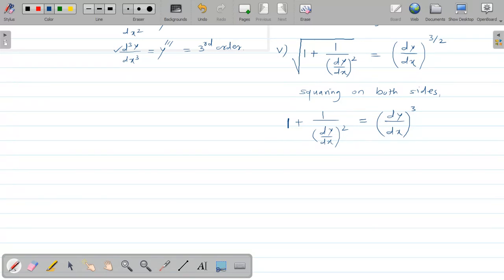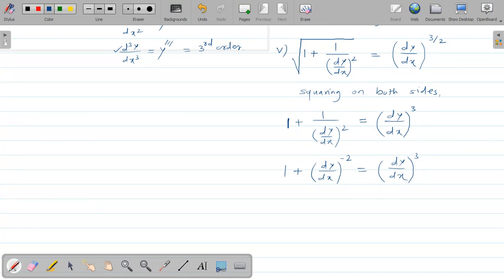But before that, here it is 1 upon dy by dx raised to 2. Actually it is 1 plus dy by dx raised to minus 2, right? Because 1 upon dy by dx square means dy by dx raised to minus 2, and it is equal to dy by dx bracket cube. Okay, so to remove this negative index, we have to multiply this equation by dy by dx raised to 2.